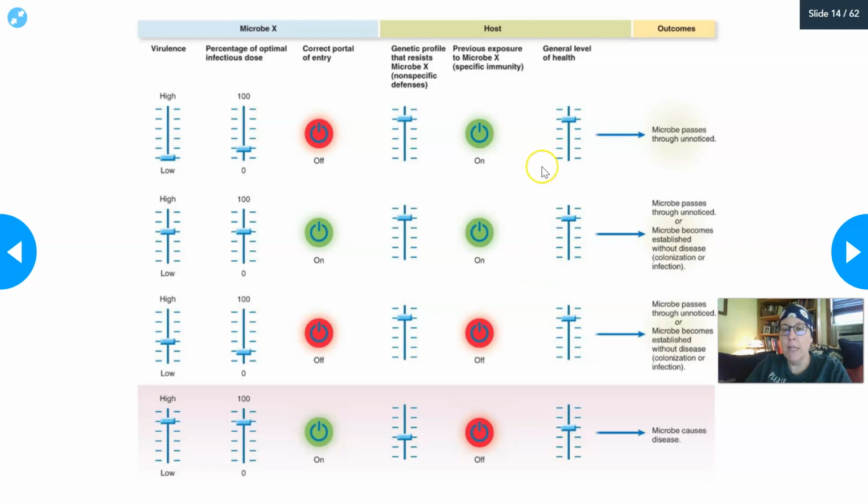Be healthy, take care of yourself, get adequate sleep, support your immune system, get good nutrition, take some multivitamins. Manage your stress. If you have diabetes or something like that, manage your condition, do everything that you can to up this right here, wash your hands and all of that, so that if you come across it, you end up being one of those where it just passes through unnoticed.